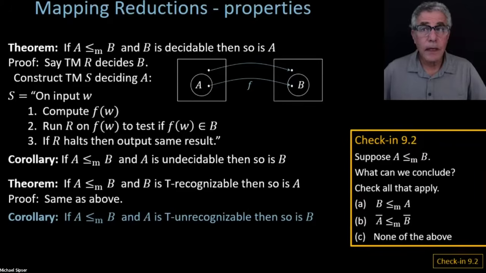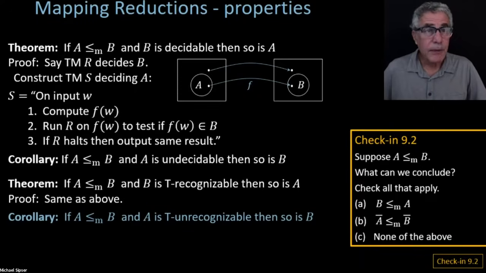Now, A really is not in the spirit of reducibility because, as suggested even by the inequality sign there, A being reducible to B is really a rather different thing than B being reducible to A. We're not going to prove that right here, but that's something that you could think about.